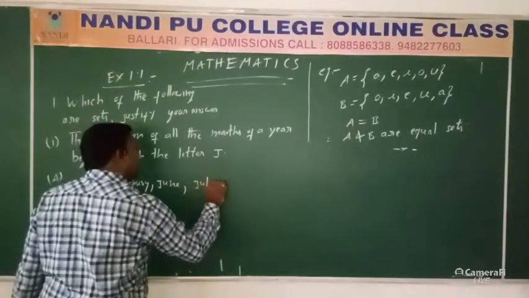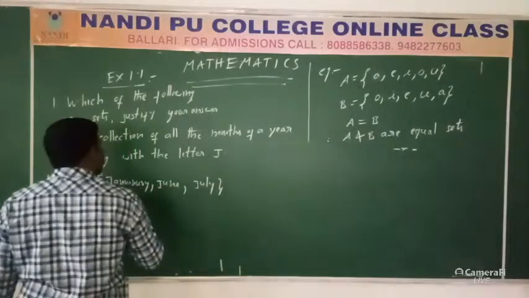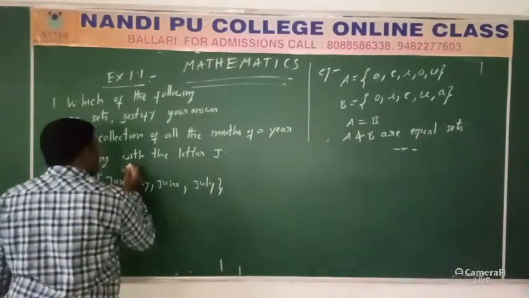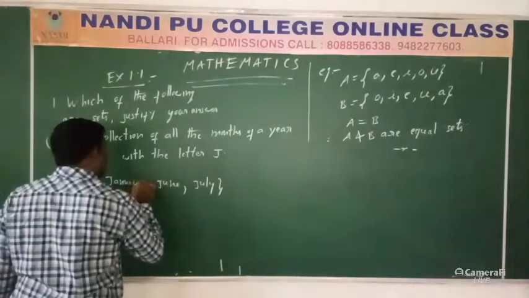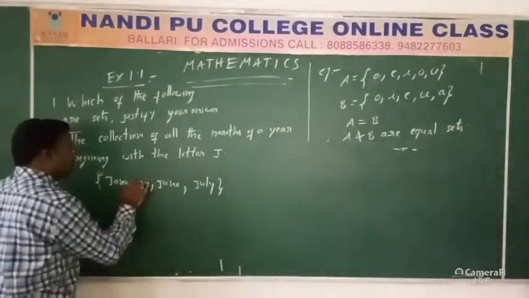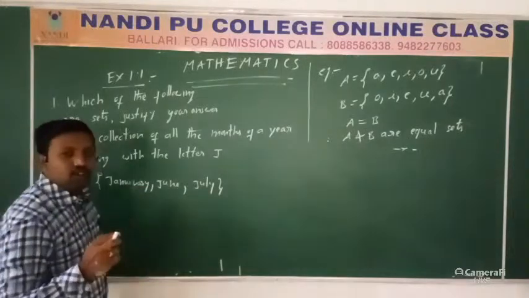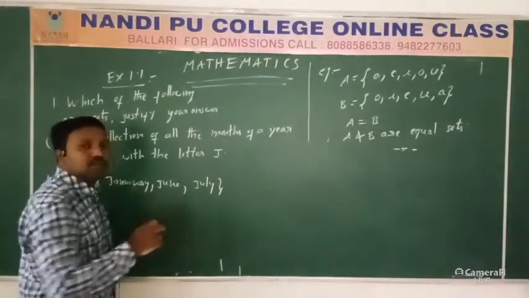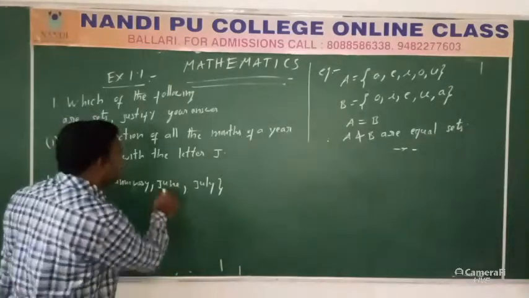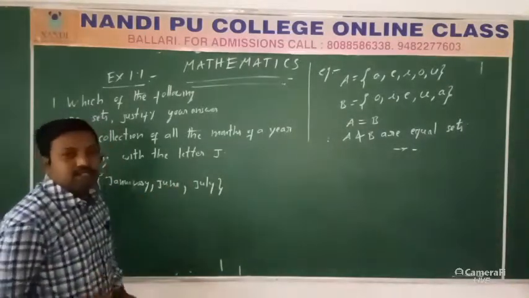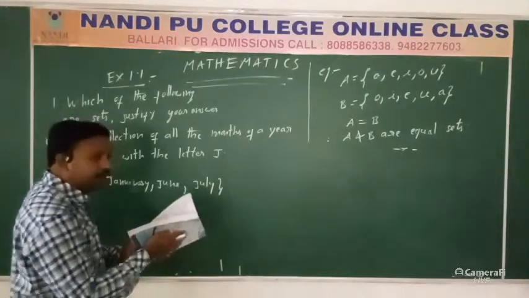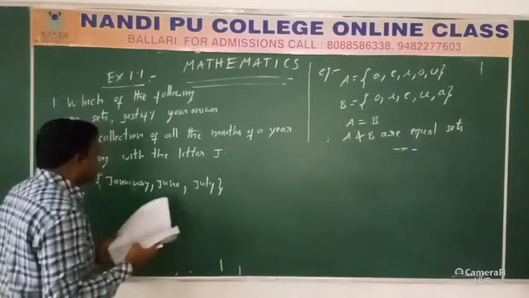Next, July. So January, June and July. These are the 3 months starting with the letter J. So this set is well defined and it can be written in the form of braces.